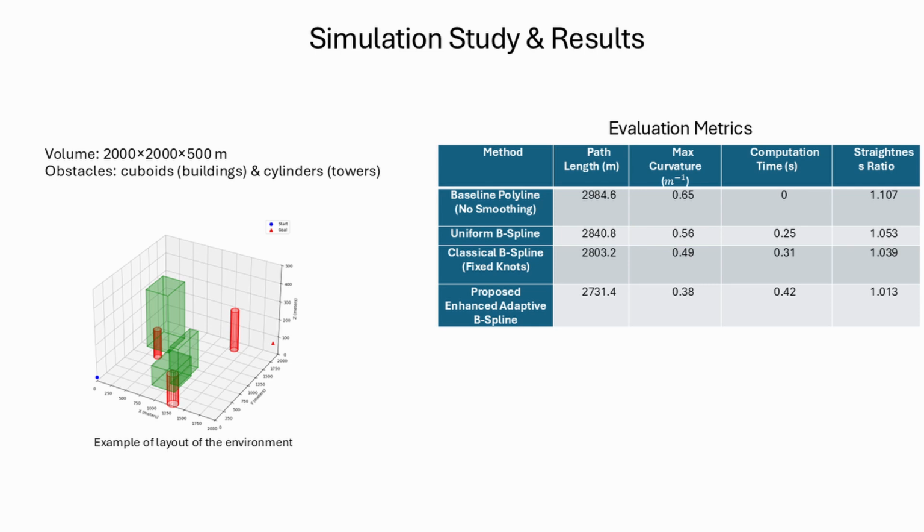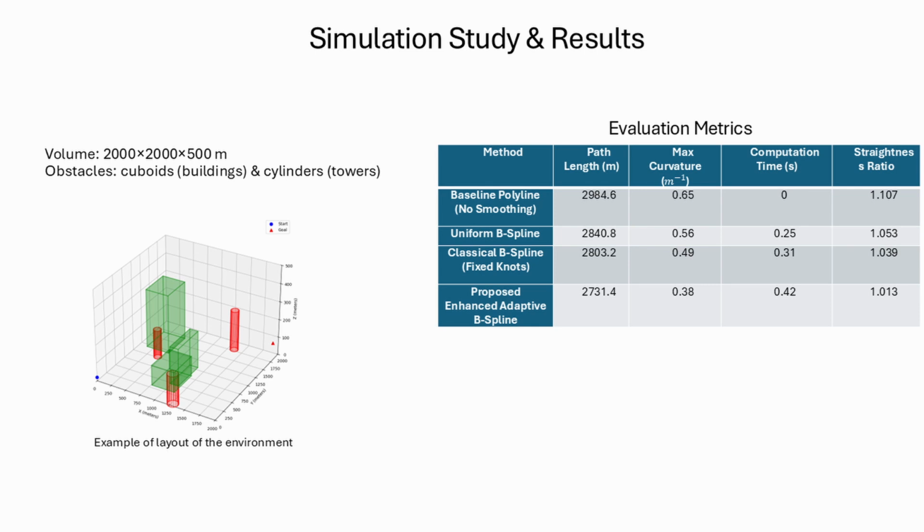As we can see in the figure on the slide, these obstacles are placed to force any path planner to make non-trivial decisions about navigation and altitude changes. And then we compared the performance against three other approaches. First, the baseline polyline. This is a raw unsmoothed path from a standard planner.